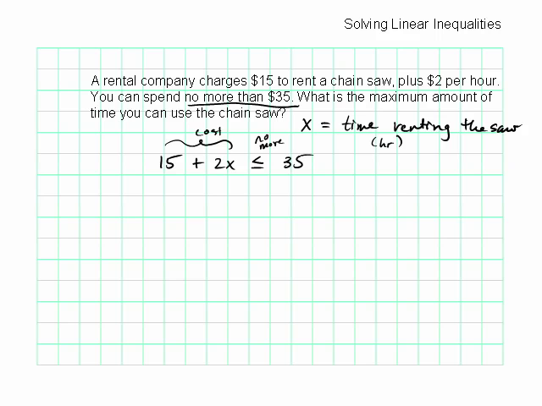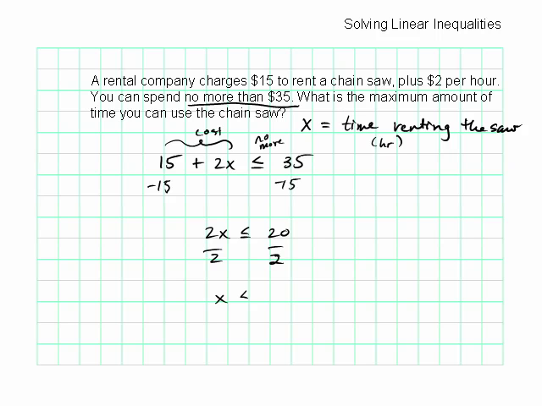So just like all the other ones before, I'll solve it. I'll subtract 15 from both sides. Let me fix that mistake there. I get 2x is less than or equal to 20. Divide both sides by 2. And I get x is less than or equal to 10. I don't have to switch the sign here, I didn't divide by negative.